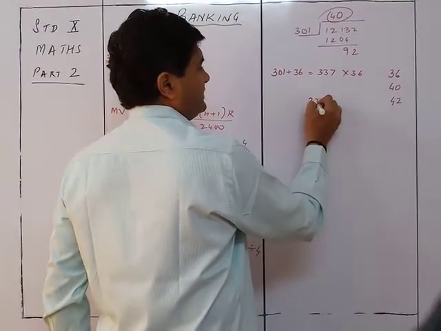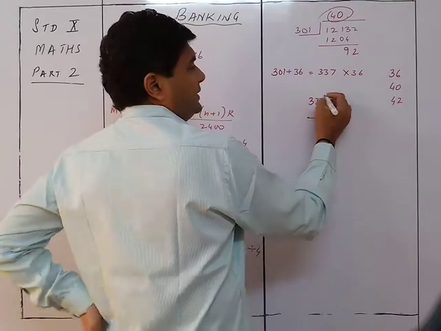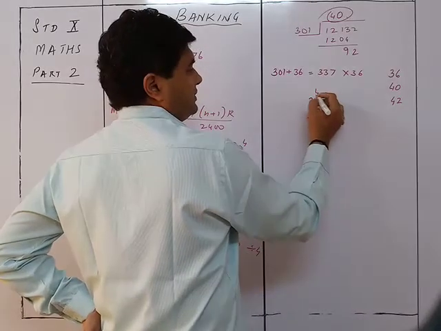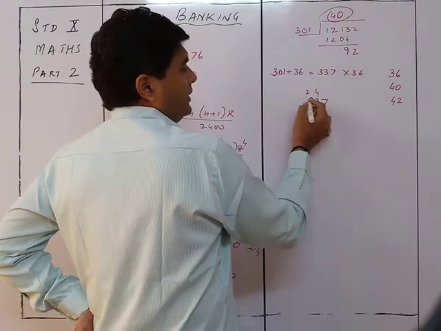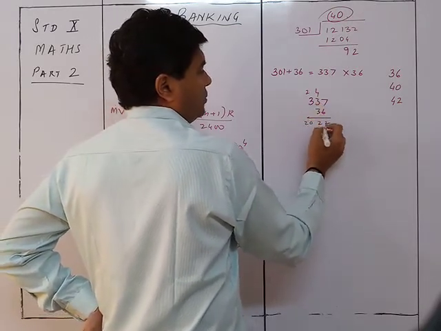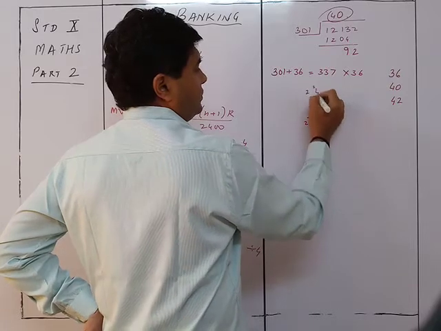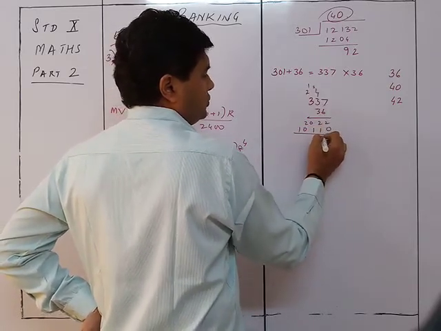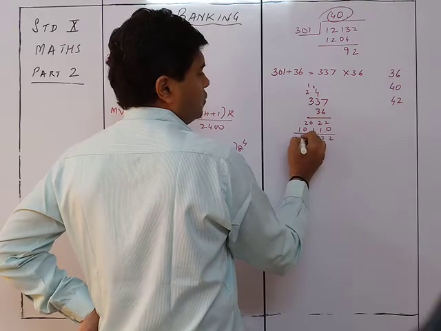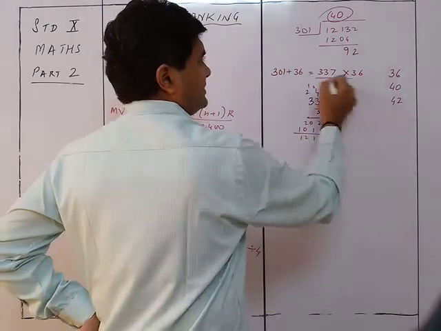So 337 into 36. 7 6 are 42. 7 6 3 are 18. 18 plus 4 is 22. 18 19 20. 0 7 3 are 21. 3 3 are 9 10 11 and 3 are 9 10. So this is 12132. Yeah, that's it. So this is the required thing.